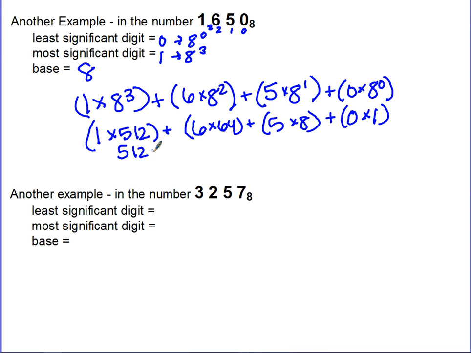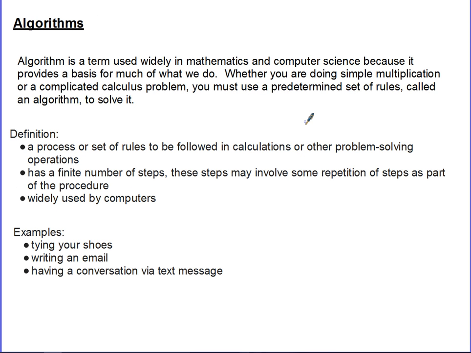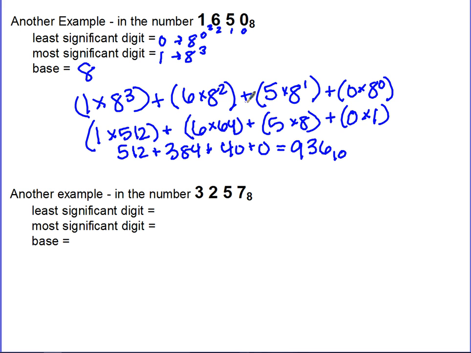So I get 512 plus 6 times 64, which is 384, plus 5 times 8, which is 40, plus 0 times 1. So overall, I get 936 in base 10 is my value. Oops. So I can go back up here to the top and say that this equals 936 base 10.